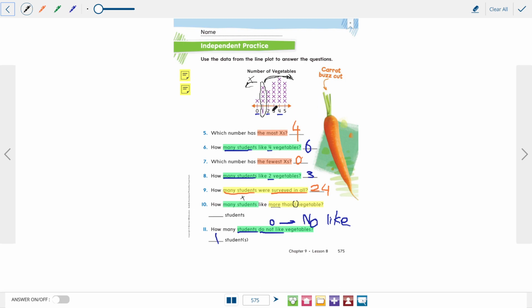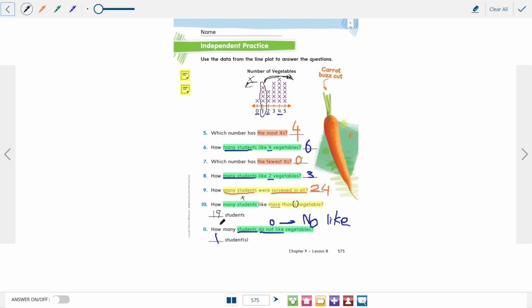So we will start counting the number of students from 2. So 1, 2, 3, 4, 5, 6, 7, 8, 9, 10, 11, 12, 13, 14, 15, 16, 17, 18, and 19. Now we got the right answer.